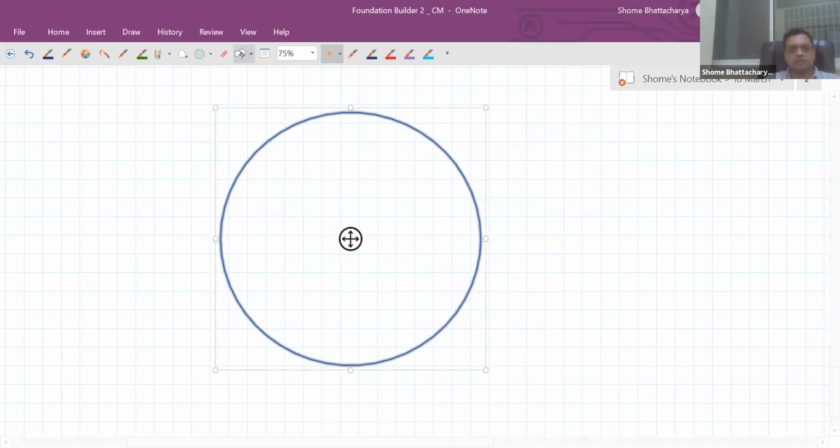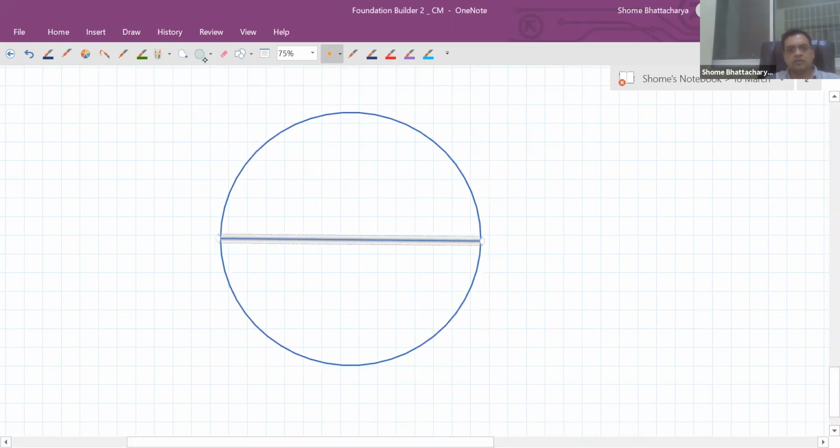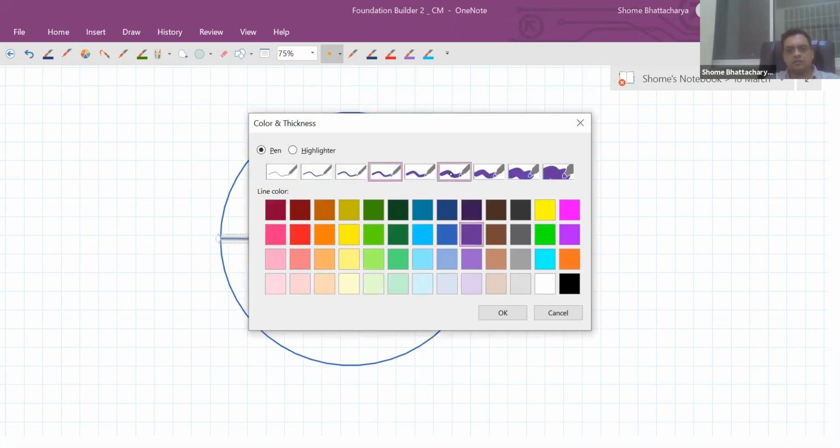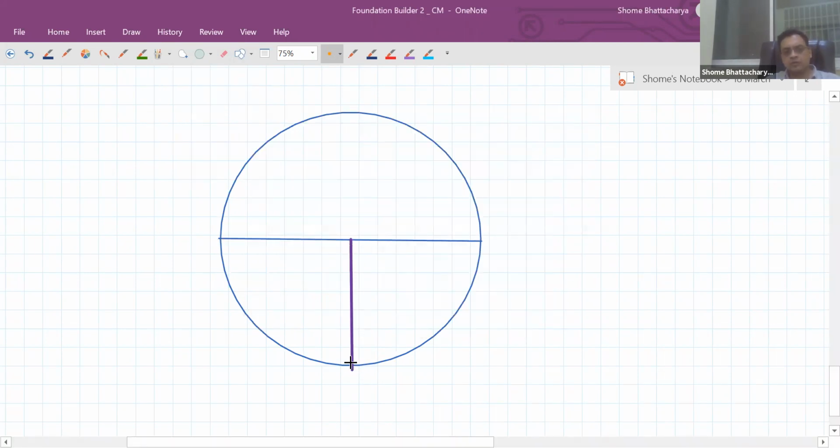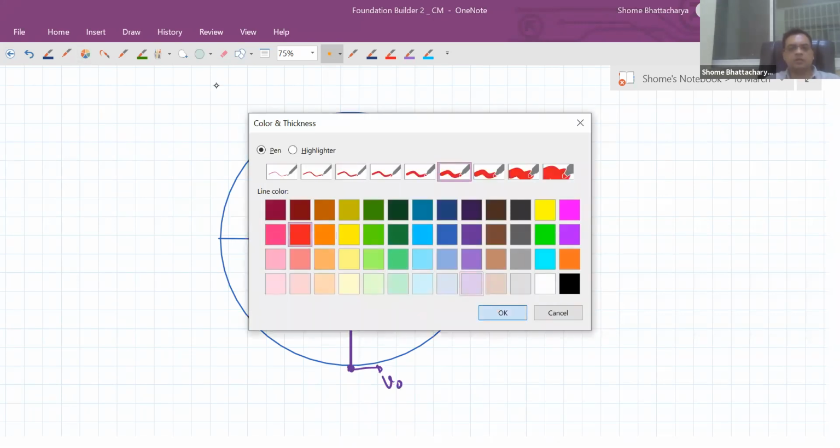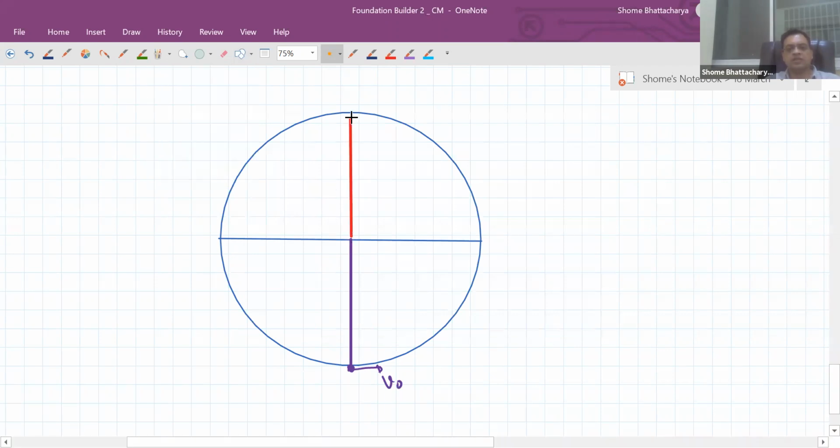What is happening is that our particle started from the lowest point with a certain velocity v naught, and by the time it reached the highest point, its velocity is reduced to some v, and accordingly its tension is also reduced. So here its speed has become v.